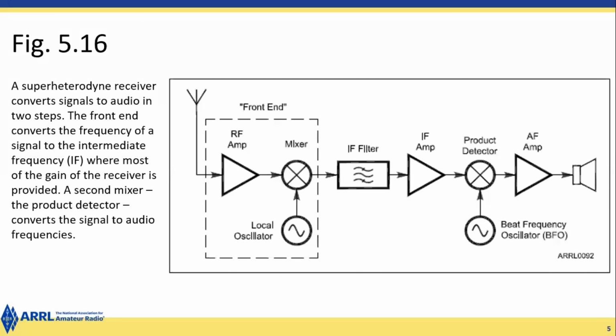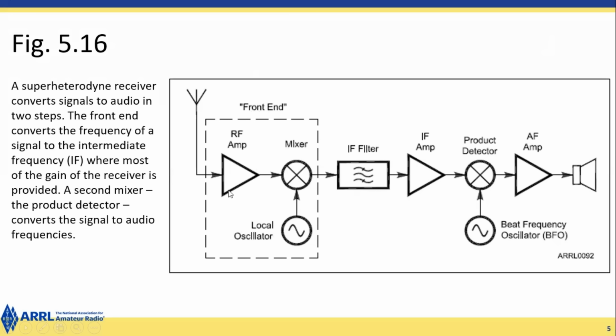A superheterodyne receiver converts signals to audio in two steps. The front end converts the frequency of the signal to an intermediate frequency, where most of the gain of the receiver is provided. A second mixer, the product detector, converts the signal to an audio frequency.